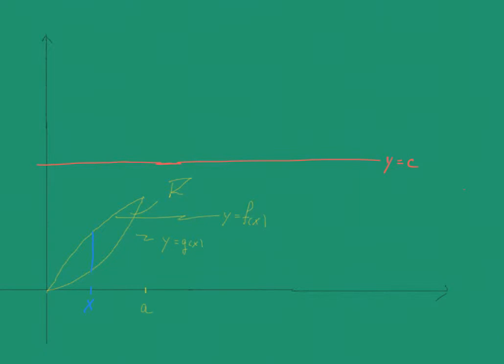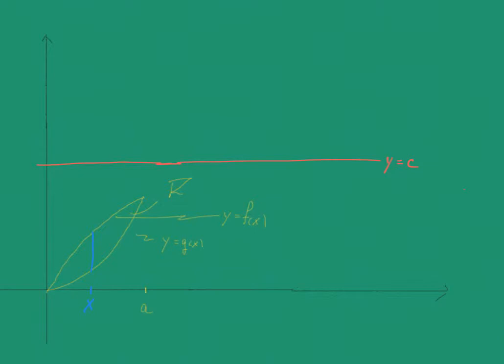And what do we do? Well, because, again, our region R is described as being bounded between two functions of x, for each x corresponding to points in our region R, so in this case for x between 0 and a, we take the vertical slice at x. And now all we need to do is think about what sort of shape we will get when we rotate just this vertical line segment about the line y equals c.